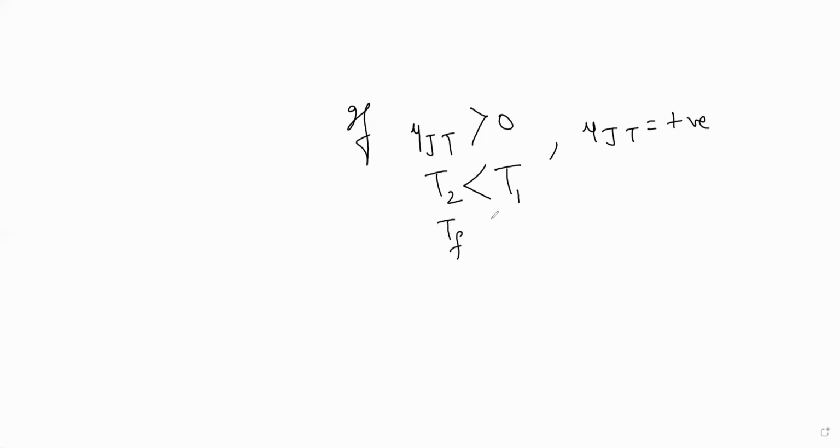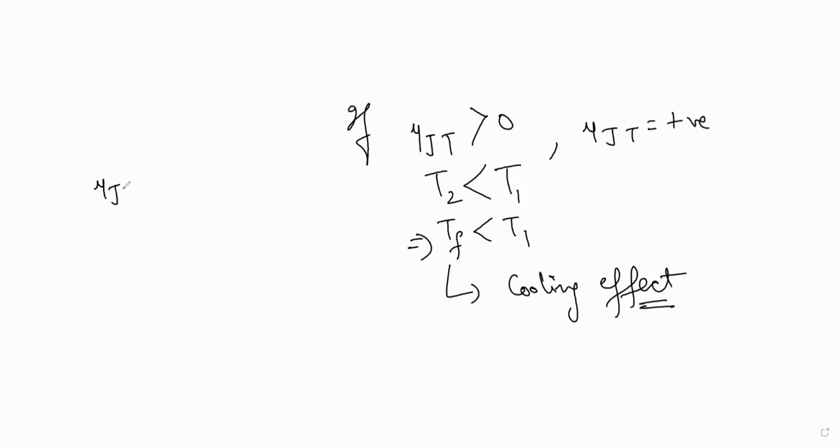That means the final temperature will be less than T1 comparatively, which will show a cooling effect. Is it okay? And the thing which I wrote earlier, that mu Jt will be 0 for an ideal gas, that also should be remembered.